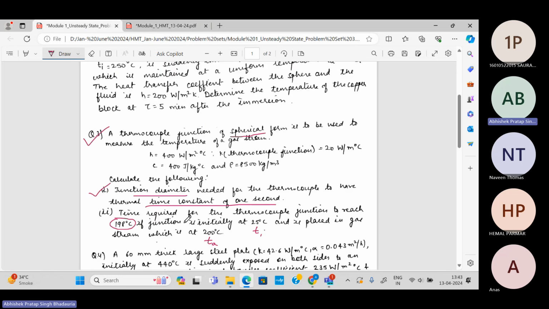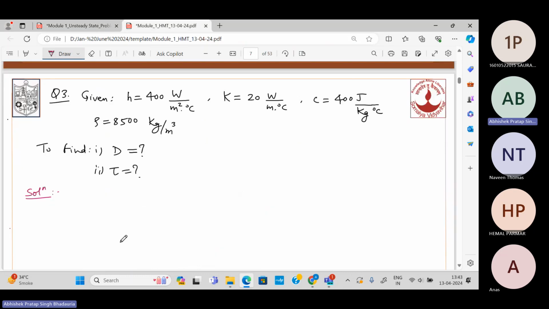We have to find the junction diameter required for the thermocouple to have a thermal time constant of 1 second. So what is the thermal time constant? Let's apply the formula.